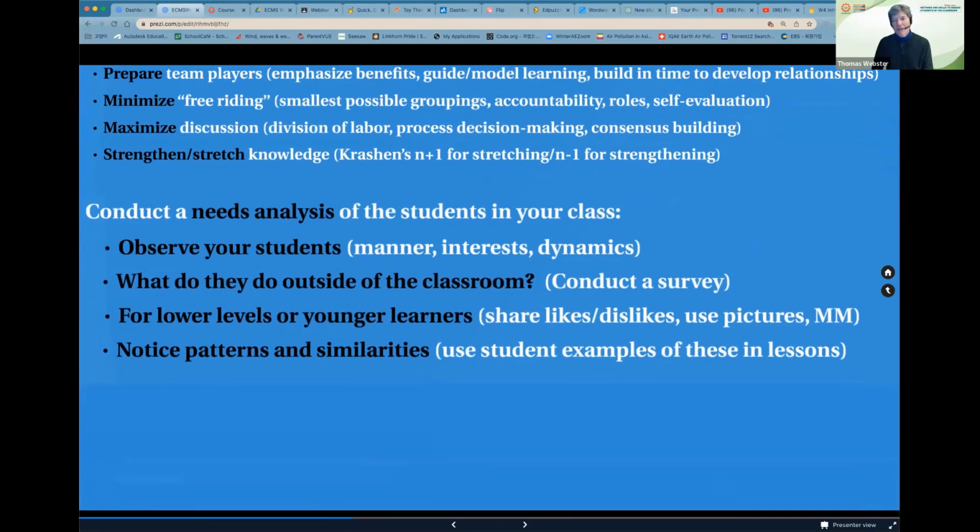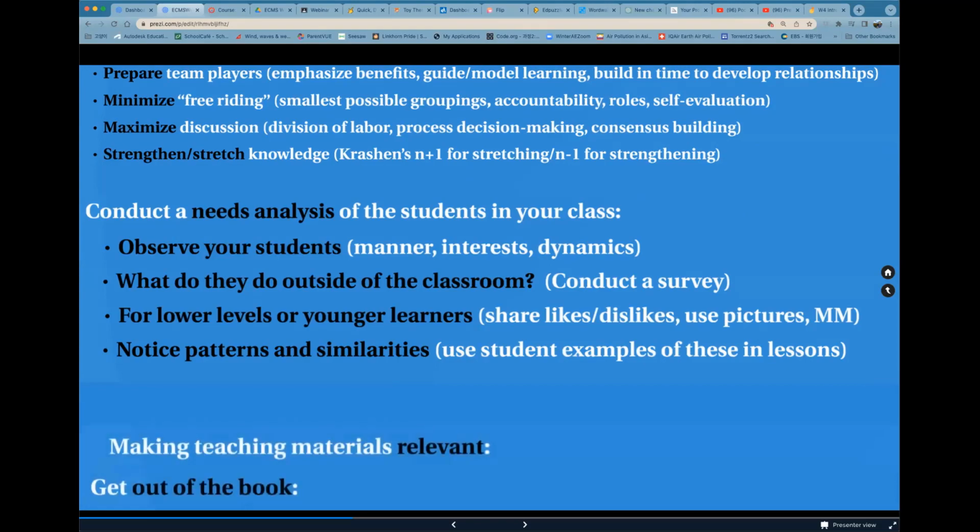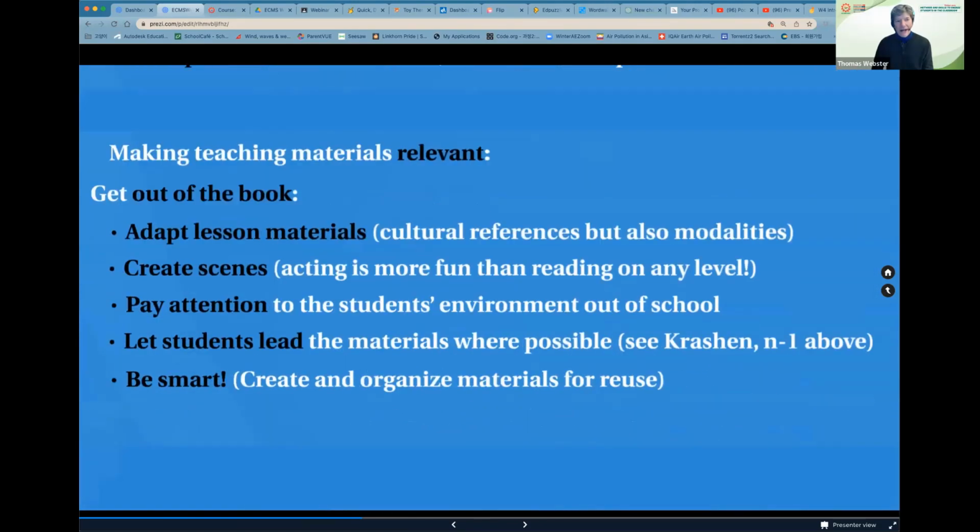And I said that a big part of that, in order to set up good collaboration and a good atmosphere, is that you really need to know your students. So you had to do a needs analysis, and you had to make your materials relevant. You need to adapt your materials, as all teachers know, but the more cleverly and more carefully you do it, the more successful you will be, and it will save you time later.